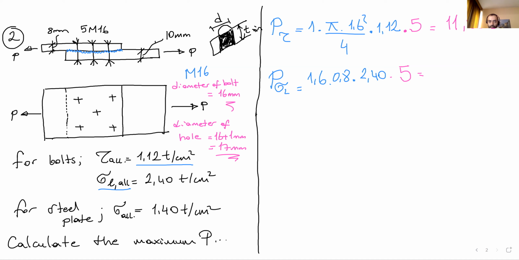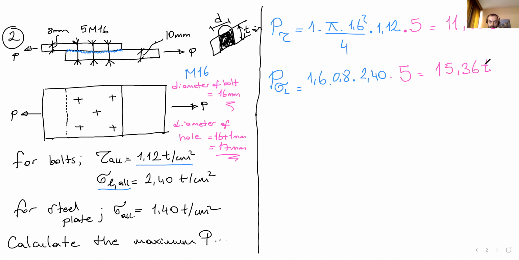And calculate the same for the bearing. 1.6 times 0.8 times 2.4D times 5. Okay.